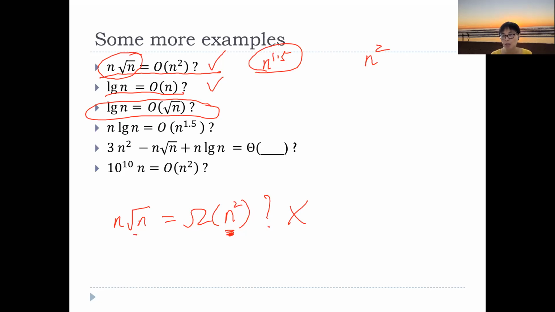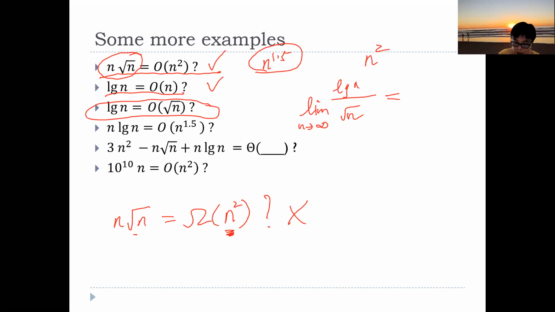So they're asymptotically smaller. Again, the reason is that if you think in terms of the limit, so if you have log n over square root of n, what happens is that in the limit, in fact, it doesn't even matter.